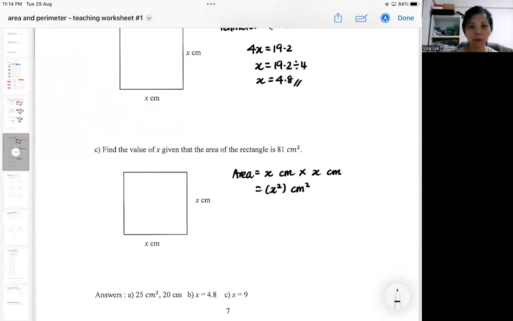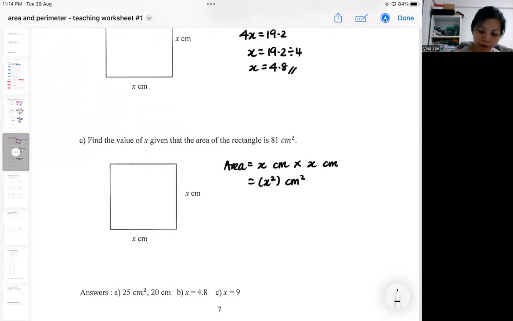So from here, you will let x squared equal to 81. So how do you find x with a square? So you need to take a square root. Okay, taking square root will actually give you two answers. So it should give you a positive square root or a negative square root.